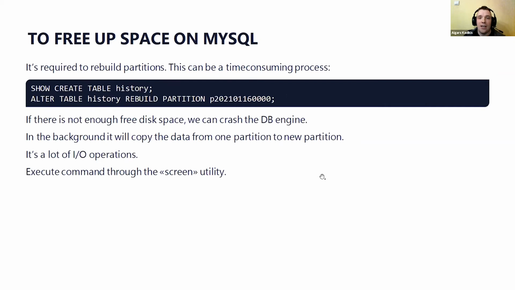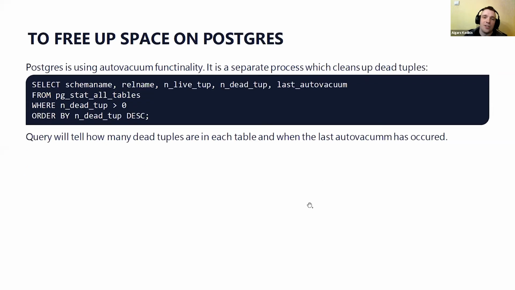All right. On Postgres, there is a little bit different story. If we delete entries inside the Zabbix database, which runs behind Postgres, then to begin with, it will shrink the tables because Postgres has built-in functionality called Autovacuum.